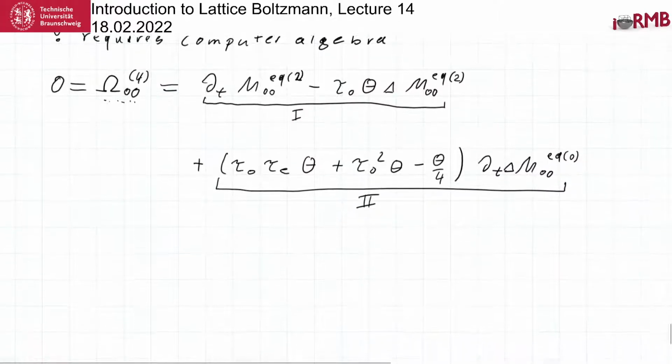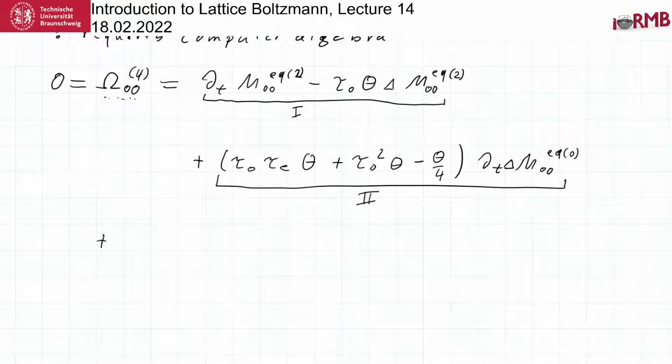And then there is something else which actually looks bigger. Namely, there is tau odd theta divided by 6 minus tau even tau odd square times theta.